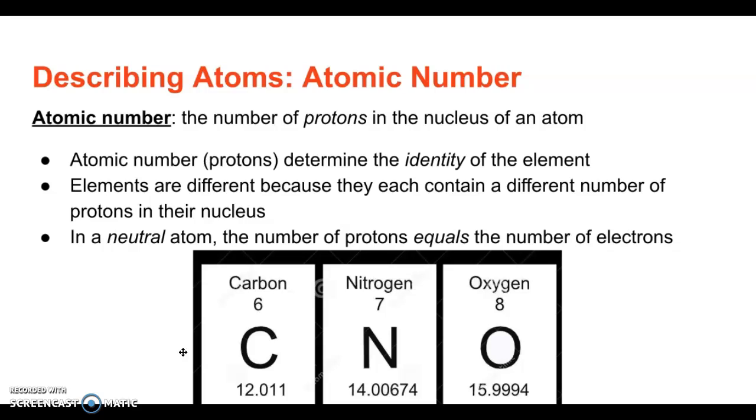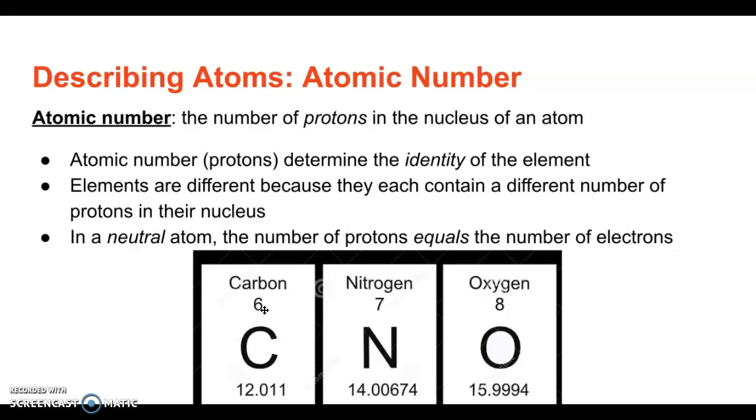So carbon, for example, has an atomic number of 6, which means it has 6 protons in its nucleus. Nitrogen has an atomic number of 7. It has 7 protons. Elements are different because they contain different numbers of protons in their nucleus.